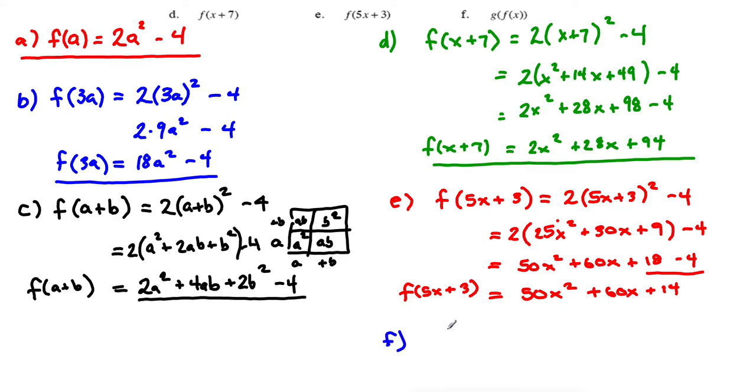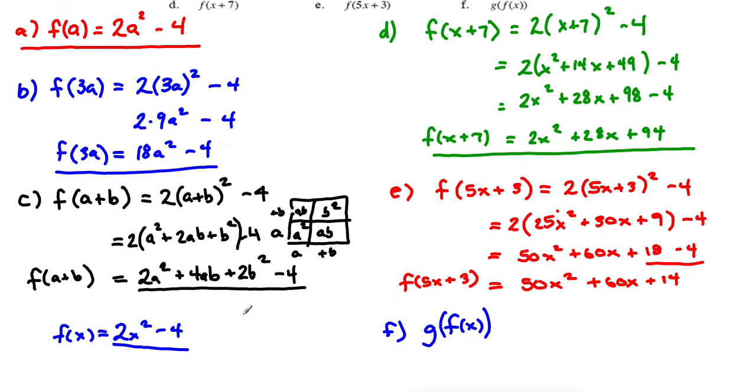F. We're going to be doing g of f of x, which means we have to look at what f of x equals, and we know right now that f of x equals, this is what's given at the top, 2x squared minus 4. So we're going to take this 2x squared minus 4 and we're going to substitute it in for f of x.